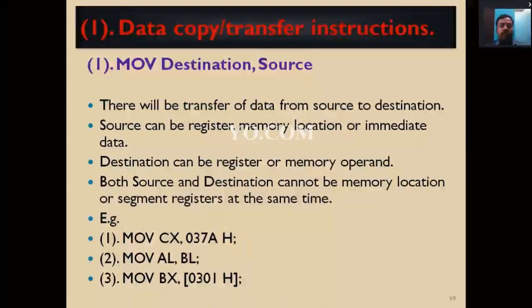Similarly, MOV BX, [0301H]. If a bracket is used, what does it mean? It is called an address. That means 0301 is the address. This address points to one data, and that data is moved to the BX register. So this is a data transfer instruction.